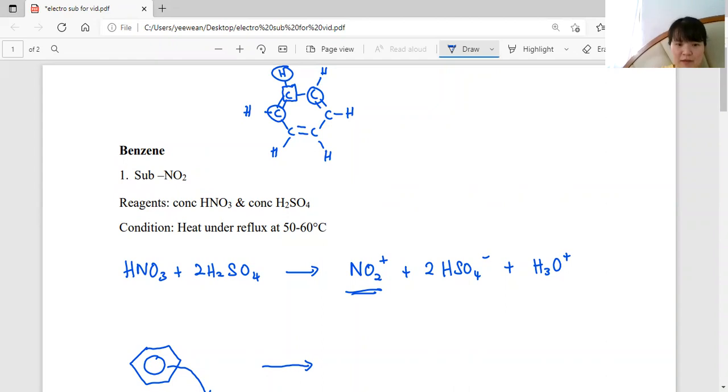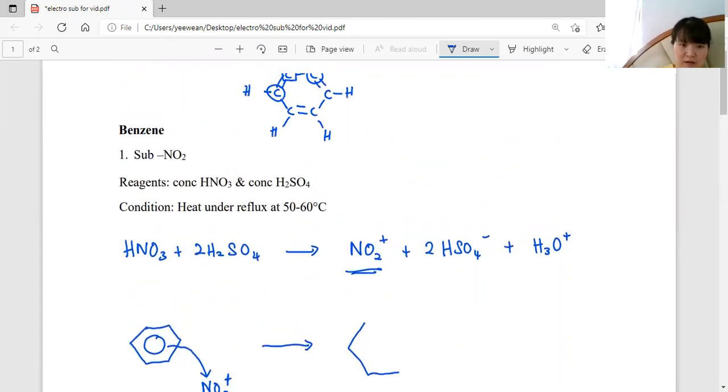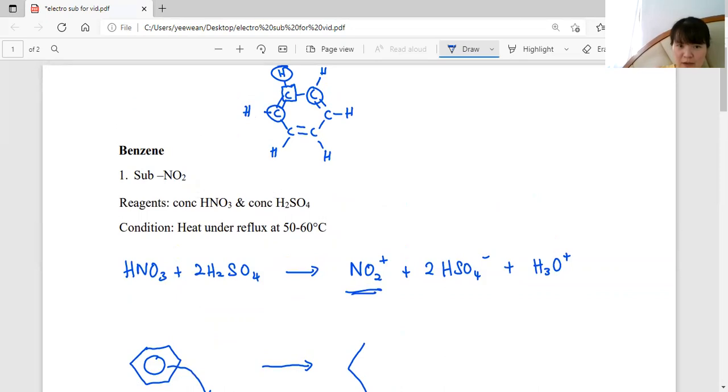Okay, so what happens is, when this attraction happens, this ring, so we always combine these 3 double bonds and we put them as like a ring in the middle. Okay, so what happens is that is disturbed when the NO2 comes near.